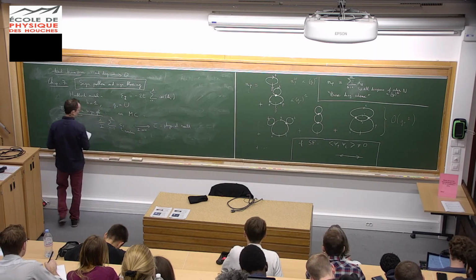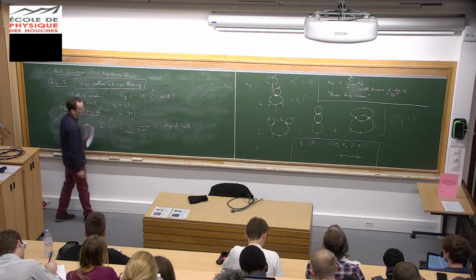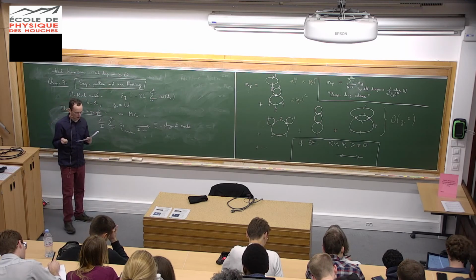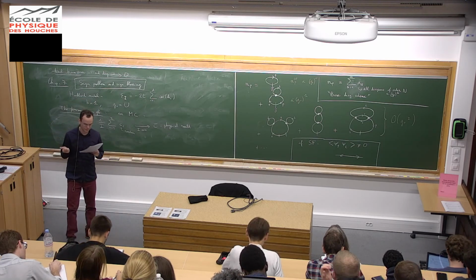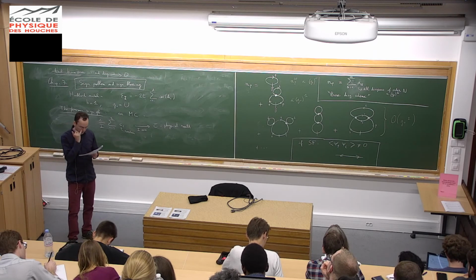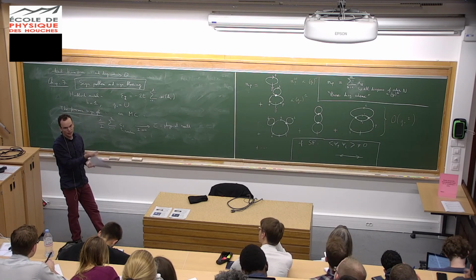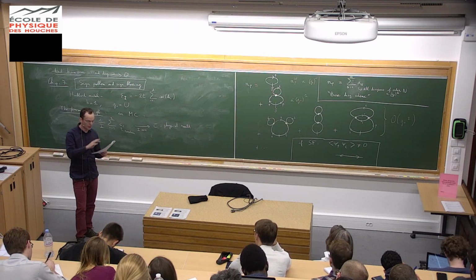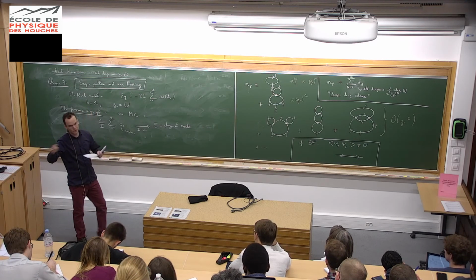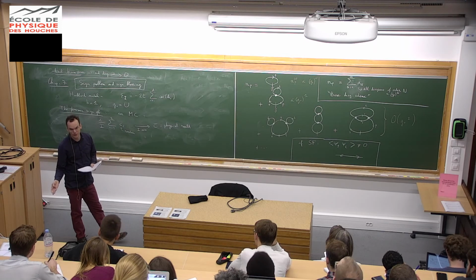Now, the problem is that for fermions, these random numbers can be positive or negative, and if you take the sum of all the positive ones, it will be nearly equal to the absolute value of the sum of the negative ones.